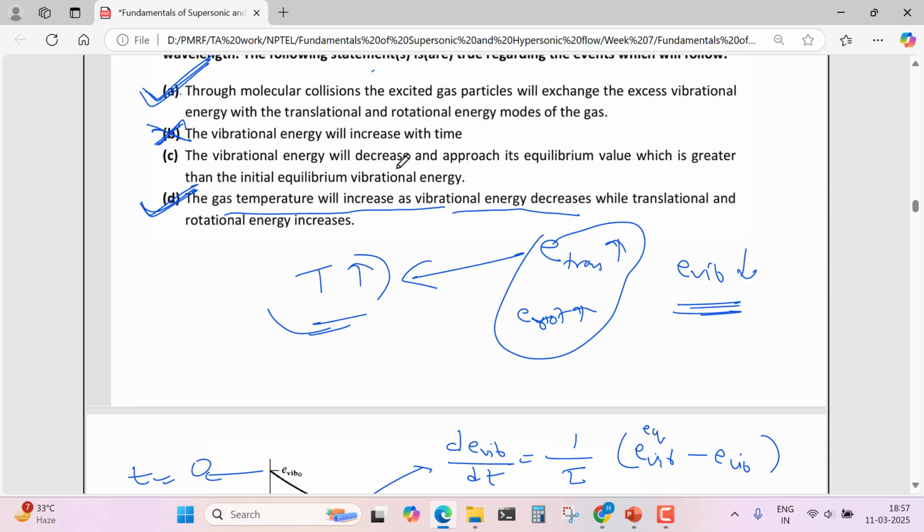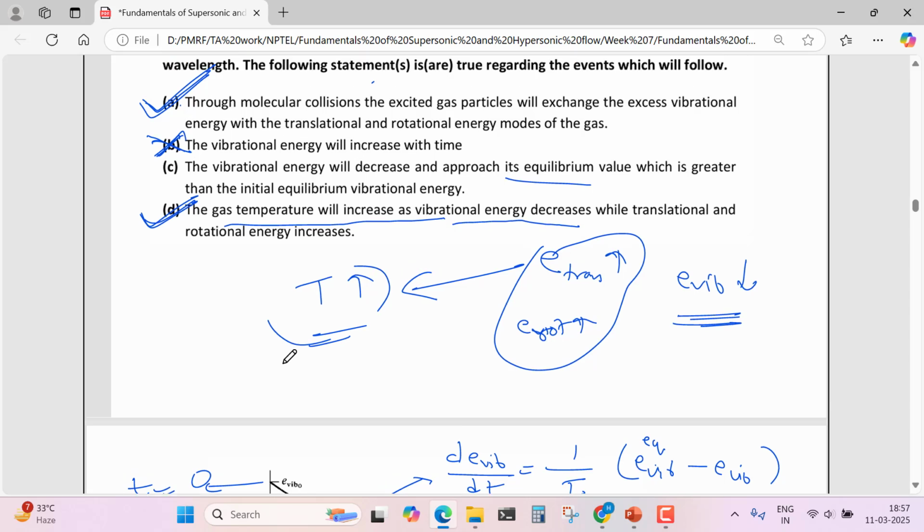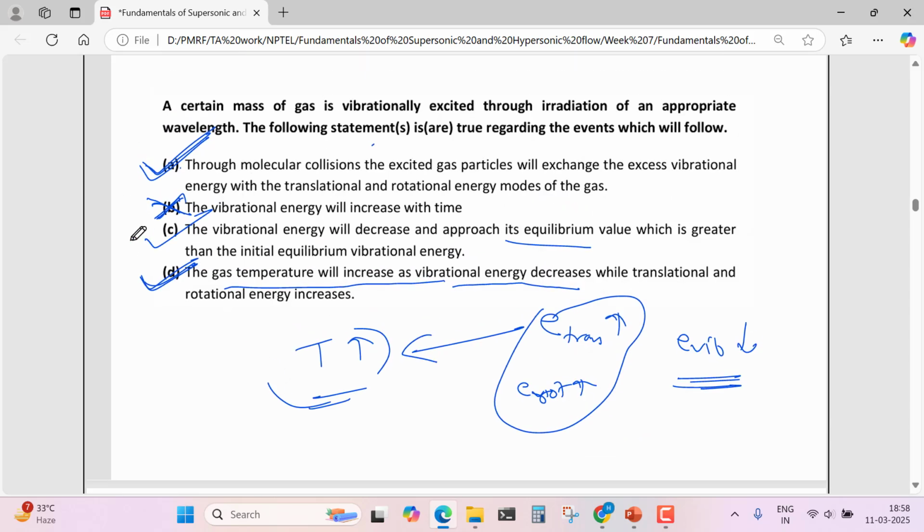So the vibrational energy will decrease and approach its equilibrium value, which is greater than the initial equilibrium vibrational energy. So this is also true. So the correct answers are A, C, and D.